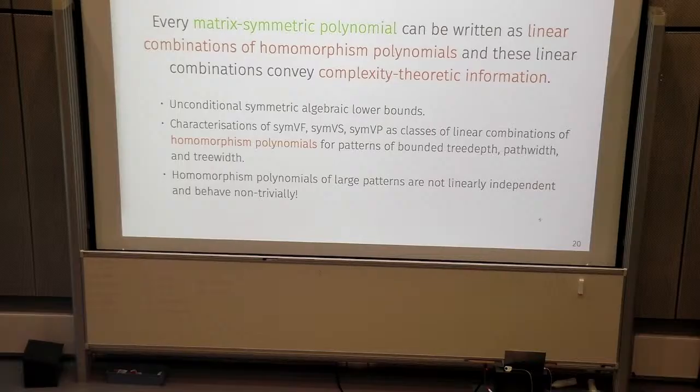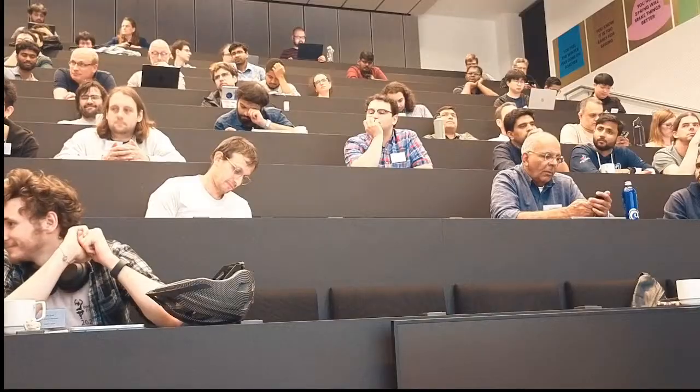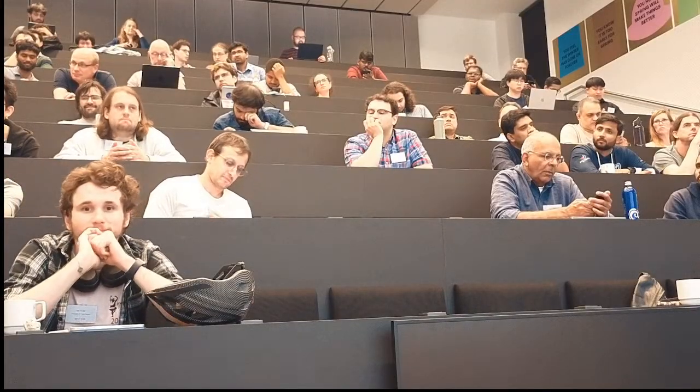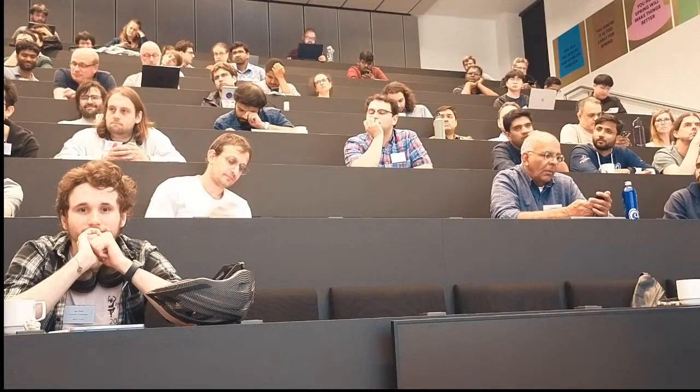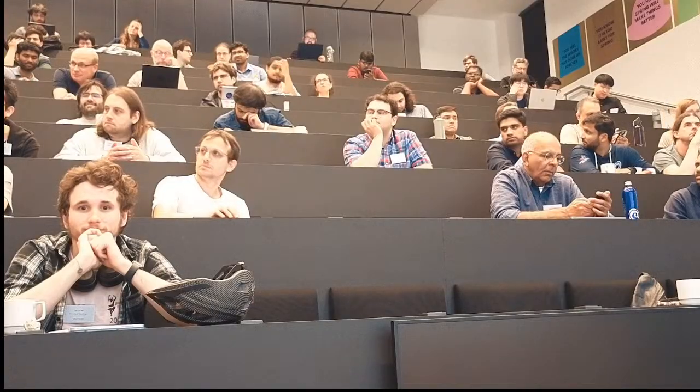Maybe Pratik knows something about recent progress. If you remember these CFI graphs, they cannot be distinguished by bounded tree width homomorphism counts, but there is a polynomial time algorithm for distinguishing them. If you would implement this algorithm using a symmetric polynomial in VP, you would do the job. But it's not entirely clear how to algebraicalize this algorithm, and yeah, technical. Thank you.